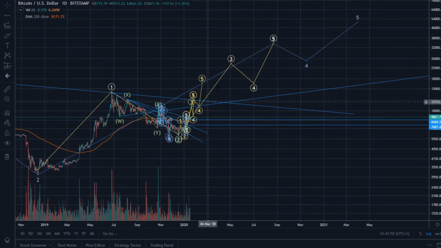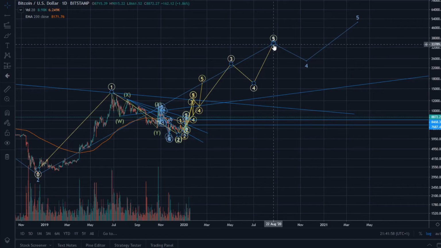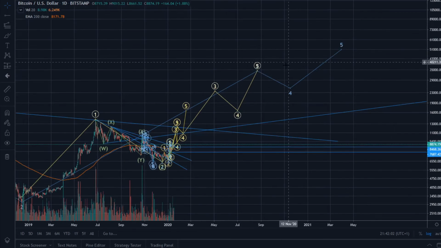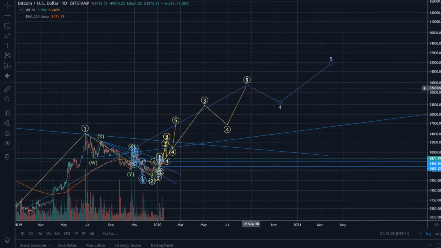And following this, obviously my next midterm target at around $34,000. So this is my minimum target for Bitcoin, and what I aim for in 2020, maybe in the summer of 2020 or something.